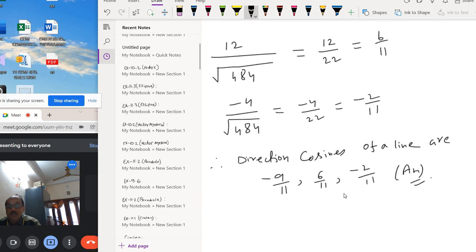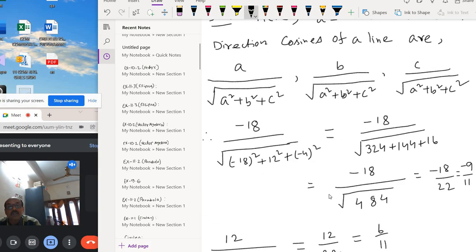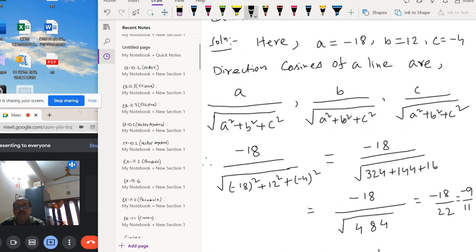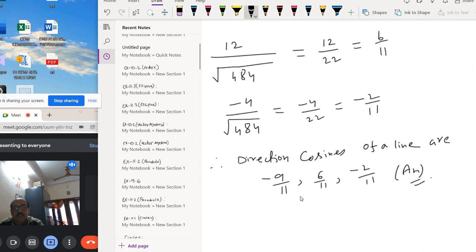Okay. So if direction ratio is given, then use this formula: a by under root a square plus b square plus c square, b by under root a square plus b square plus c square, and c by under root a square plus b square plus c square. Here a, b, c are given as minus 18, 12 and minus 4, and we calculate to get minus 9 by 11, 6 by 11 and minus 2 by 11.